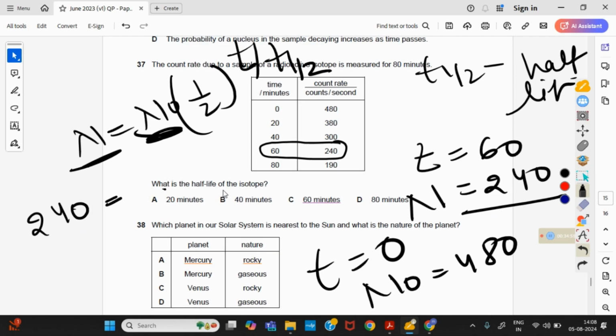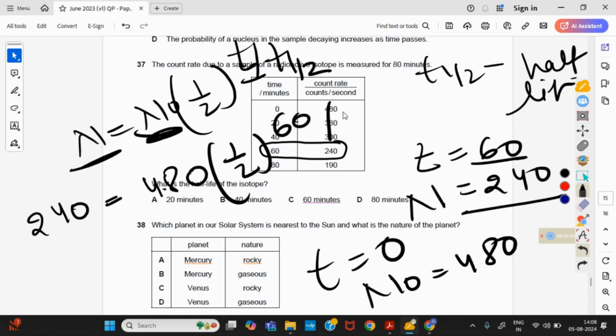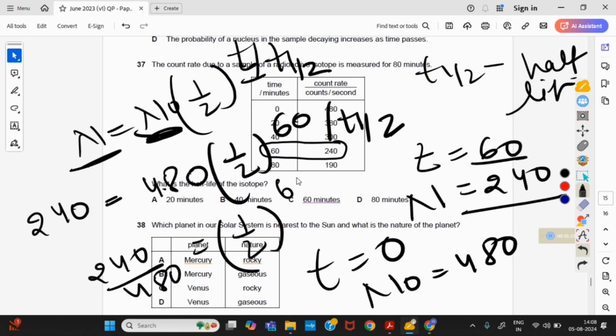N naught is the initial amount when time was 0, it is 480, times one half to the power T, which is 60, divided by T half. So 240 divided by 480 is equal to one half to the power 60 by T half, where T half is the half-life.